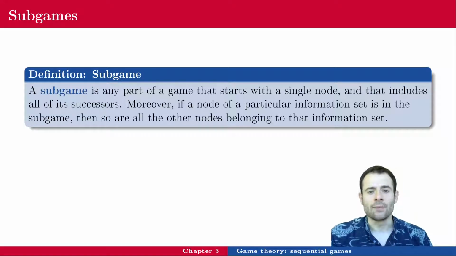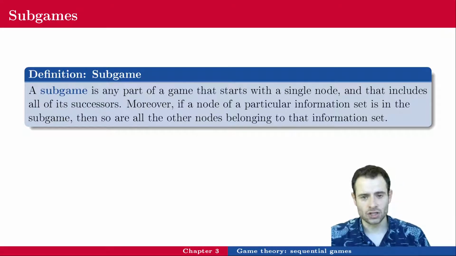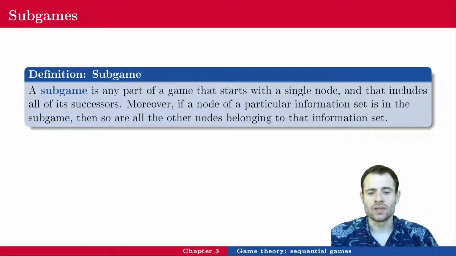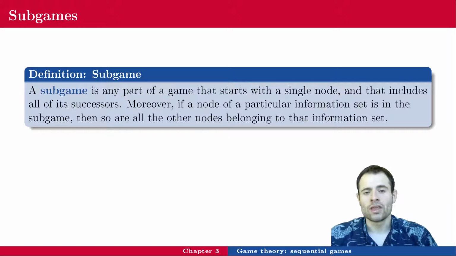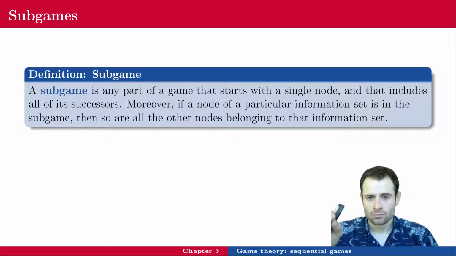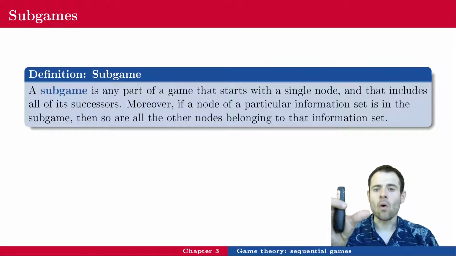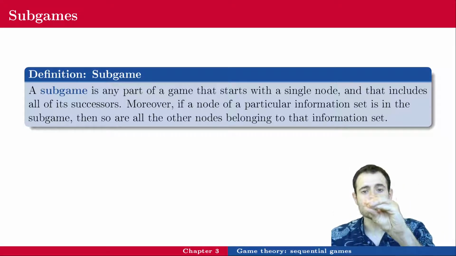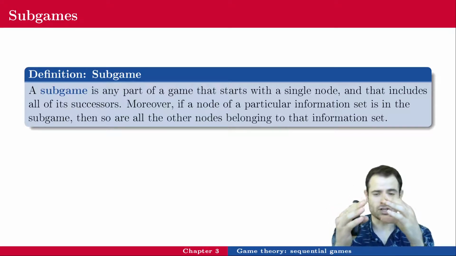So what is a subgame? It's a very precise definition, so you need to be careful. A subgame is any part of a game that starts with a single node and includes all of the following nodes. So you start at one node, but you have to include all the branches that go down.